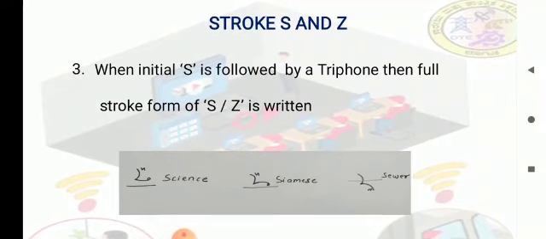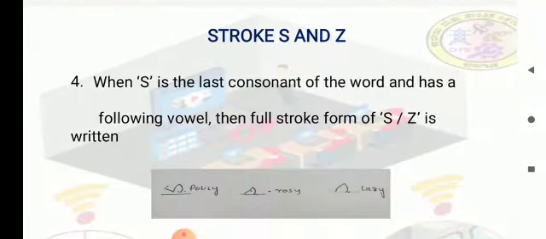So you have to write the full form of stroke S instead of circle S. "Science" consists of stroke S, a triphone, then N and circle S. So you have to write stroke S when there is a triphone after S. Look at the second example, "Siamese": S, triphone, and M, circle S. These are examples where there is an initial S followed by a triphone, so you have to use the stroke S.